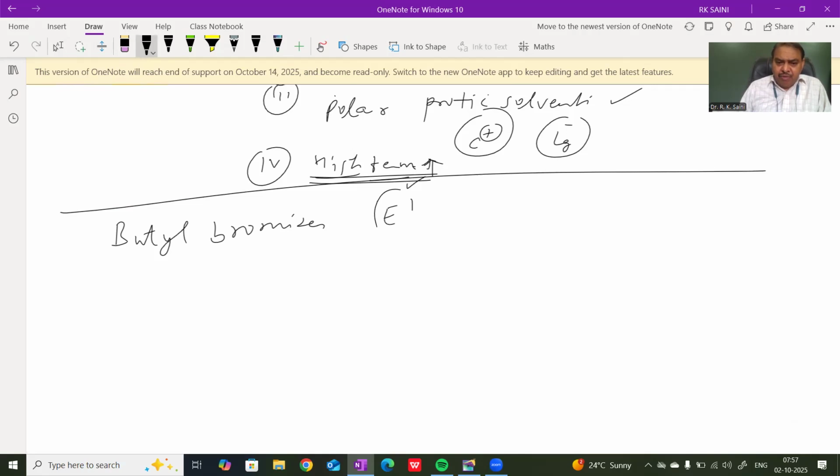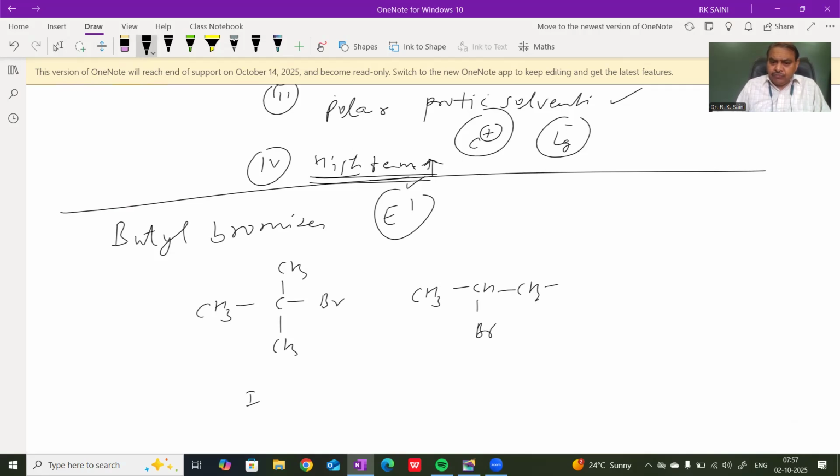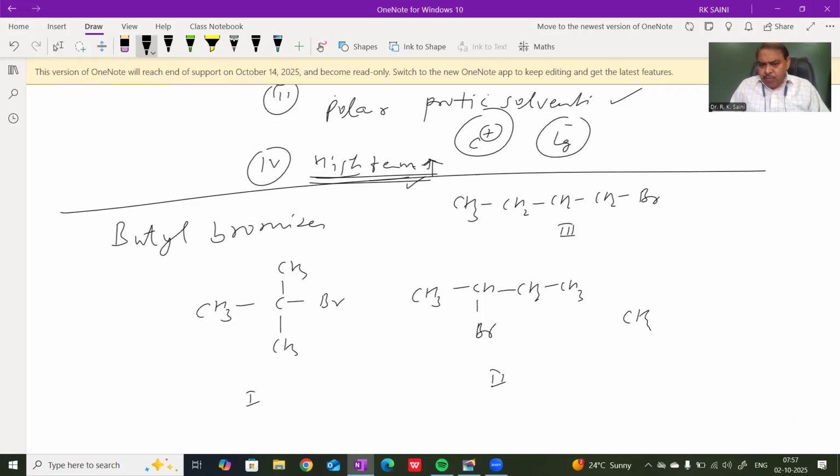We know that butyl bromides are four, namely tertiary butyl bromide, secondary butyl bromide, n-butyl bromide, normal butyl bromide, and isobutyl bromide.